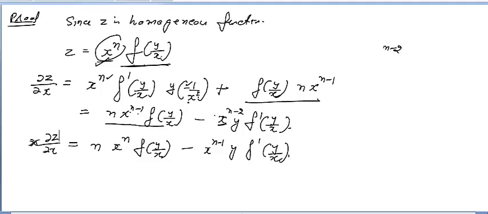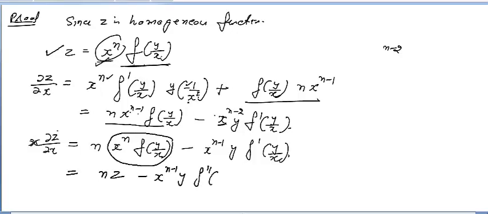Now one more interesting thing is that this first term is again z, so nz, because this is the value of z, minus x raised to power n minus 1 y f'(y over x), correct.